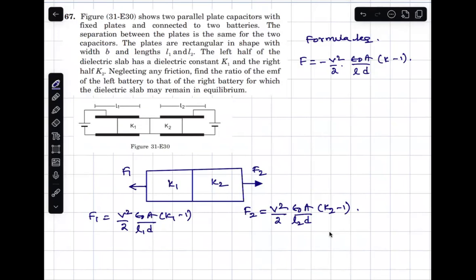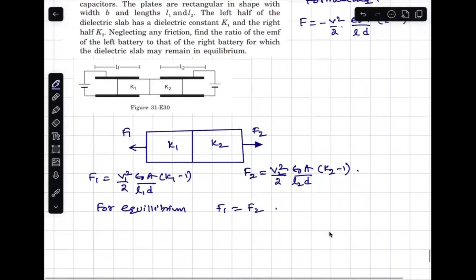Neglecting... Find the ratio of EMF of the left battery to that of the right battery, so that it remains in equilibrium. What is required is the condition for equilibrium. For equilibrium, the condition is F1 must be the same as F2.